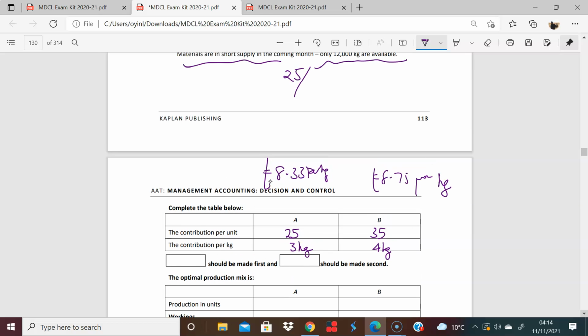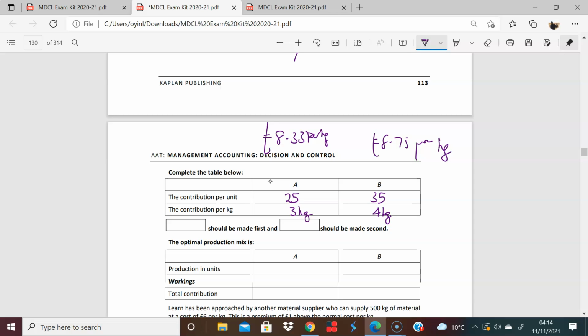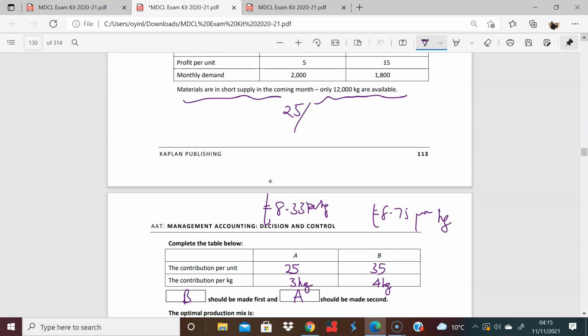Right, that's kind of an option. So because of this, B should be made first, and then A should be made second. That's kind of the premise. Now, the simple question here is if I'm making B first, no problem. B requires 4 kilograms per unit.